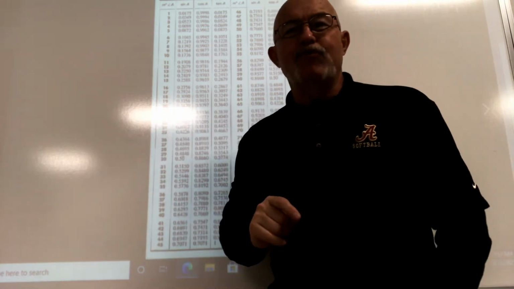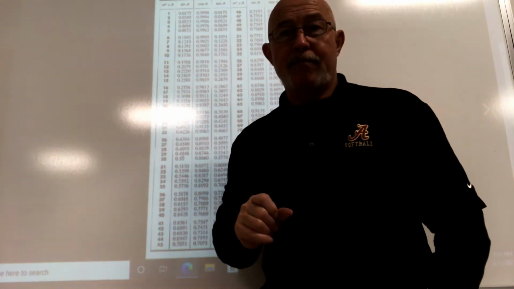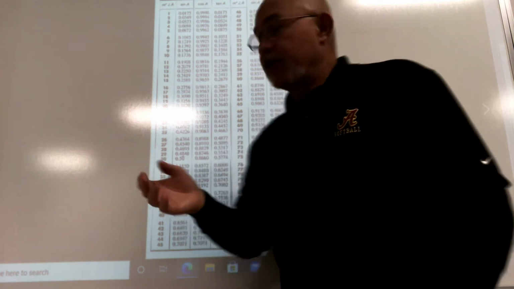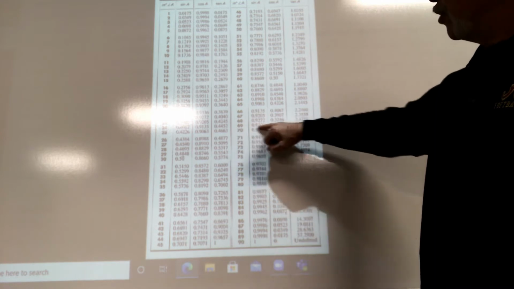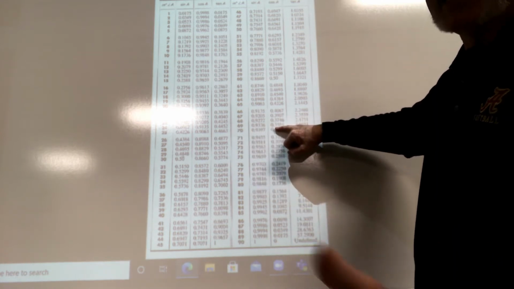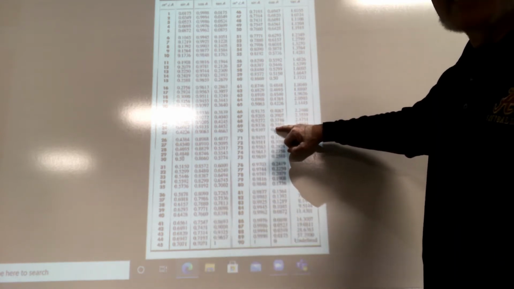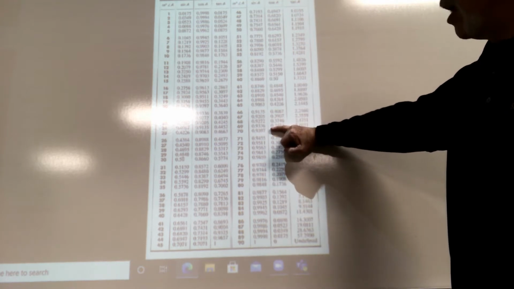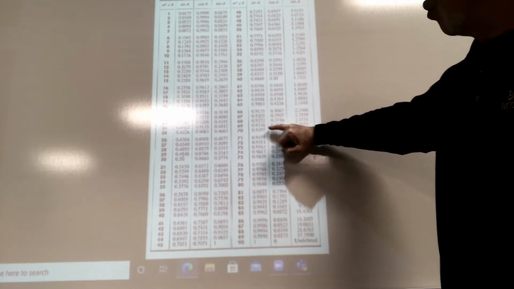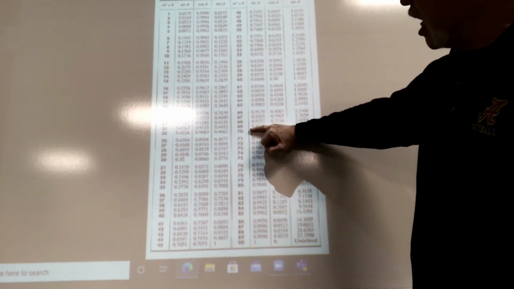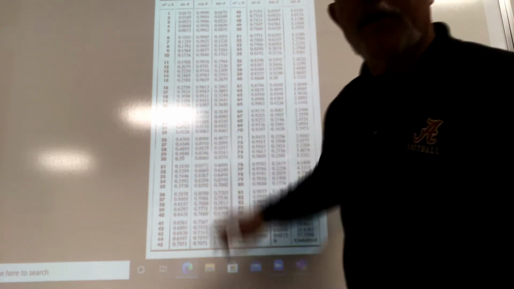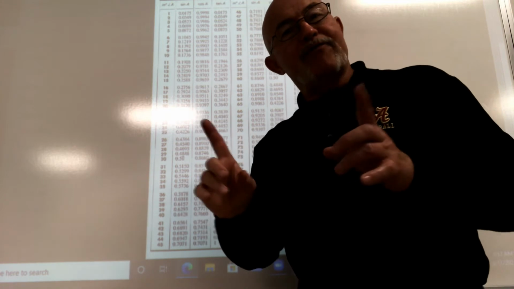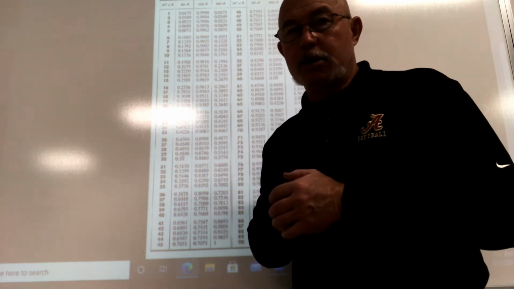What's the complement of 21? 69 degrees. We come over to 69. Look at the cosine. The adjacent leg divided by the hypotenuse, the same 2 numbers, simplify to 0.3584. You'll notice that the sine of 69 and the cosine of 21 are the same number. The only difference would be the tangent.